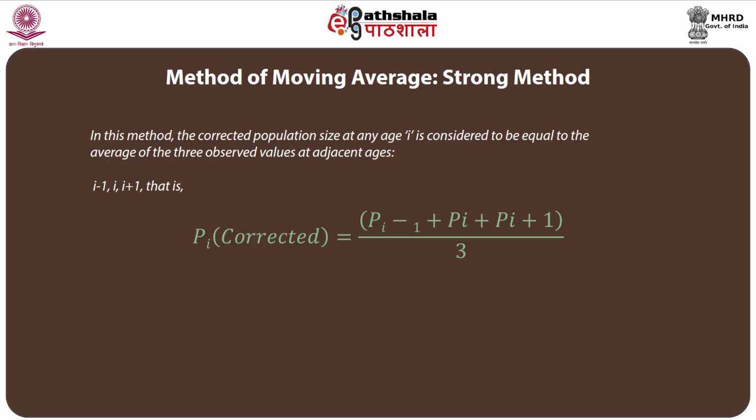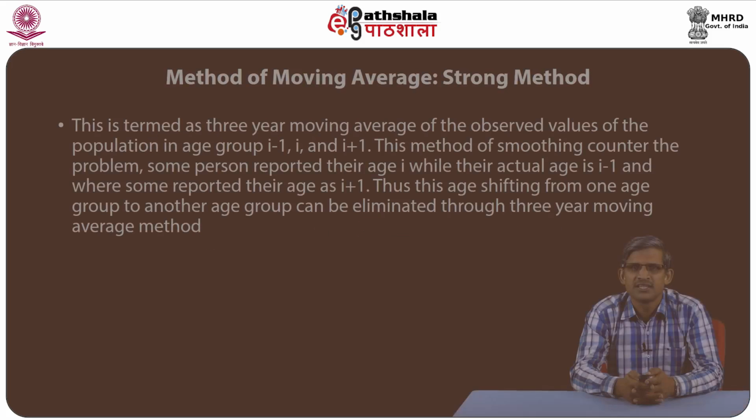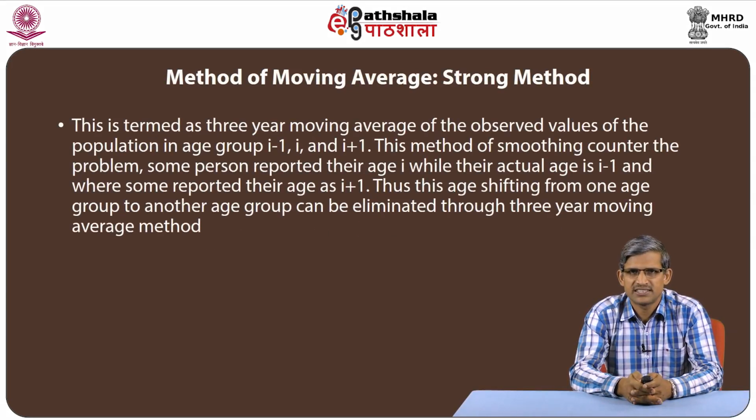An average of these 3 populations will be considered as the corrected value for Pi when I is the 15 to 19 age group. This method is termed the 3-year moving average of the observed values of the population in age groups I minus 1, I and I plus 1.